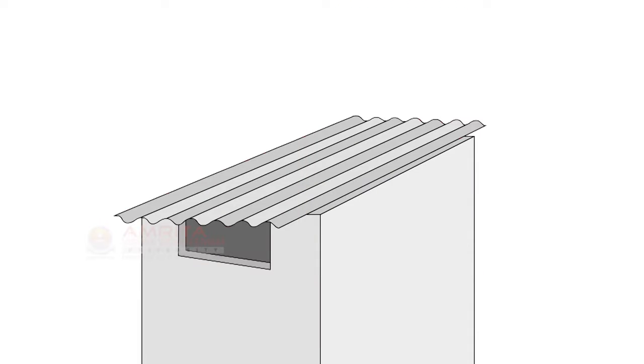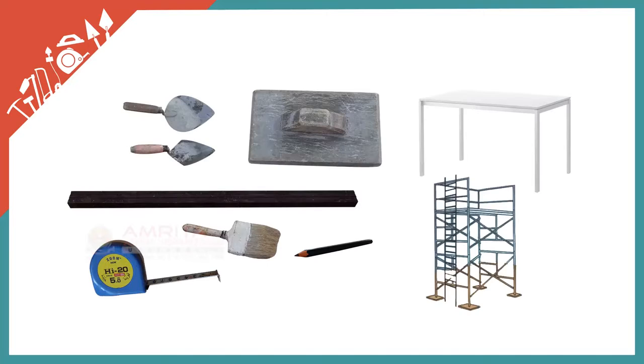As per our plan, the corrugated cement sheet for the roof will have a dimension of 105 by 250 centimeters. Before we go into the procedure, first let's take a look at the tools and materials.